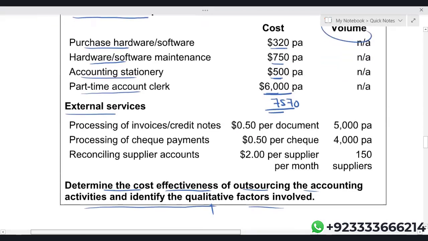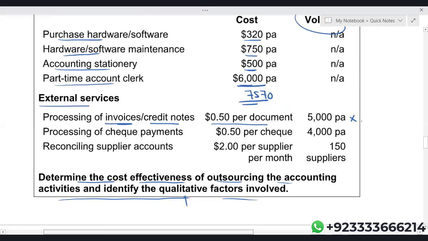External services. Processing of invoices and credit notes. If you want them to process the invoices and credit notes, they will charge you $0.50 per document, and the volume is 5,000 per annum. It means if I multiply this with 0.5, processing of invoices and credit notes will cost us $2,500.